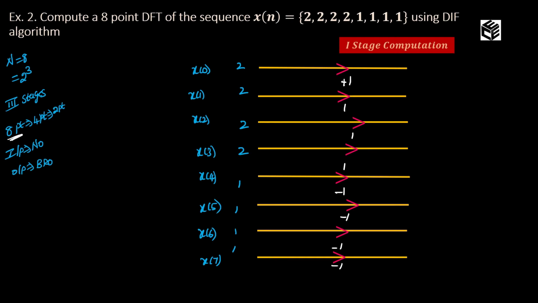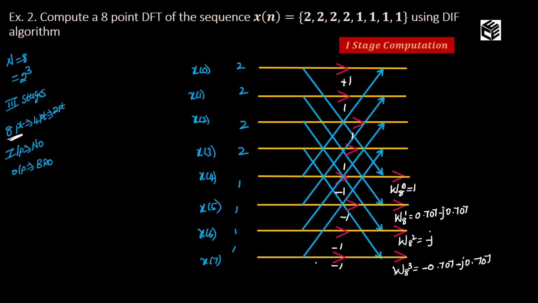Okay, so wherever I have given -1, I will add the twiddle factor, that is W8 bar 0 is equal to 1, W8 bar 1 is equal to 0.707 minus J 0.707, W8 bar 2 is equal to minus J, W8 bar 3 is equal to minus 0.707 minus J 0.707. Okay, now I am going to give the crossed lines.